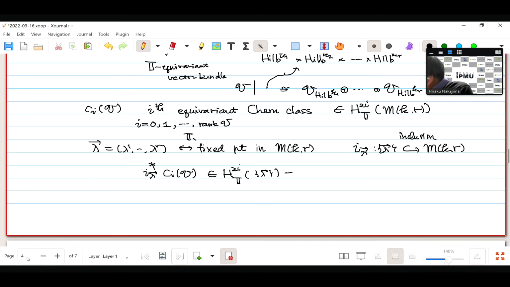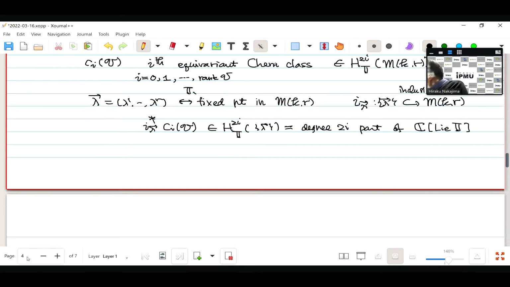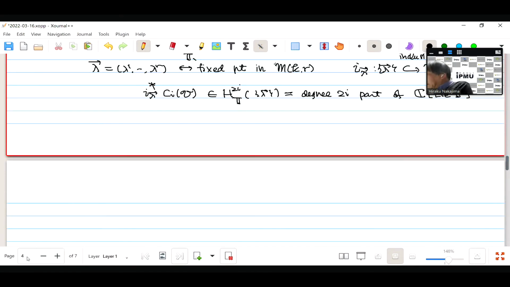But this is just the degree 2i part of polynomial functions on the Lie algebra. And this is similar to the case of the equivariant normal bundle, which I mentioned in the inverse of the localization theorem.